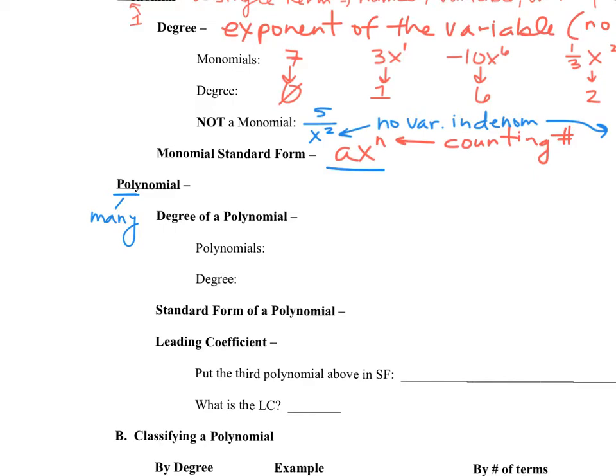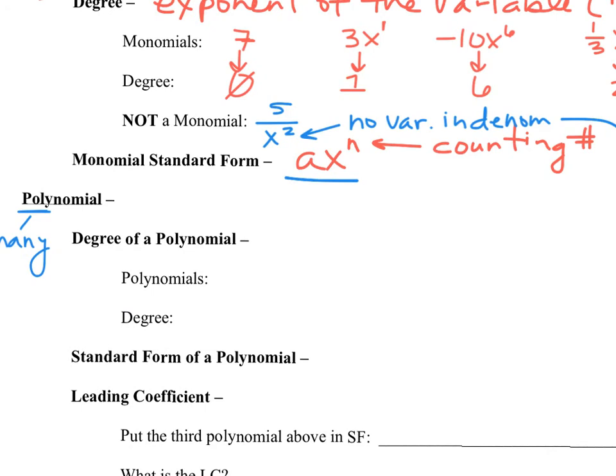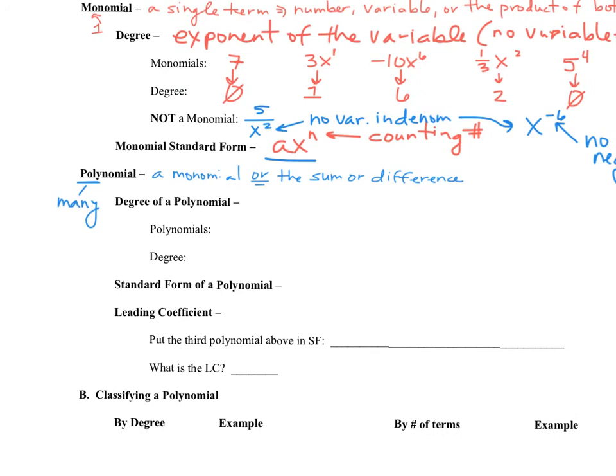A polynomial is by definition a monomial or the sum or difference of monomials. So if you add monomials together or you subtract them, you get a polynomial. But you can also just have one monomial, and that is considered a polynomial.